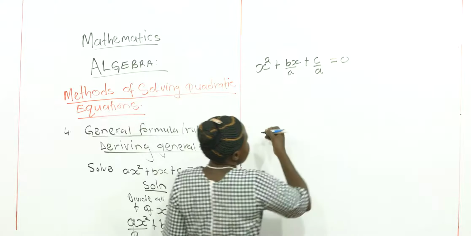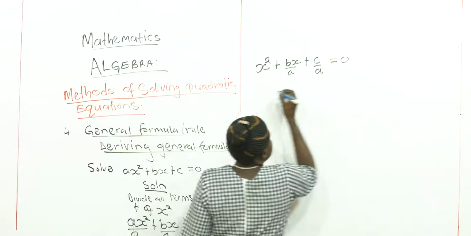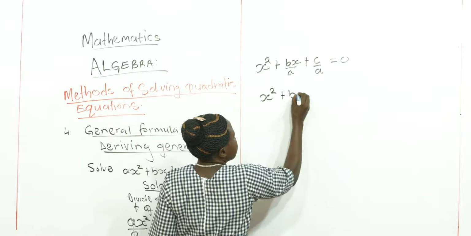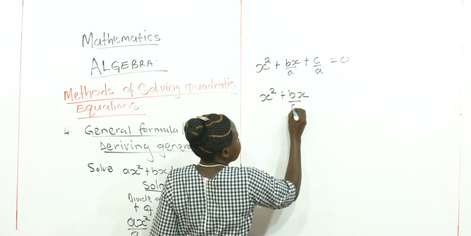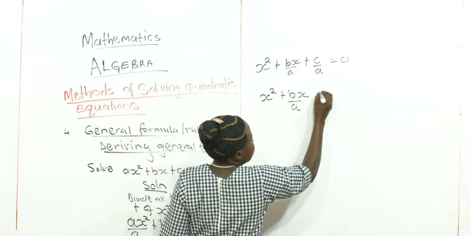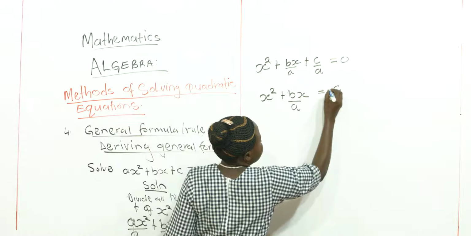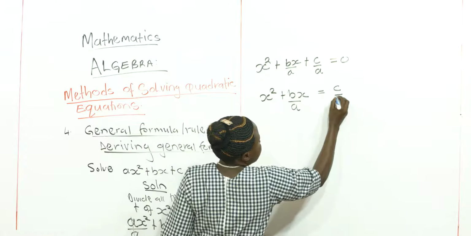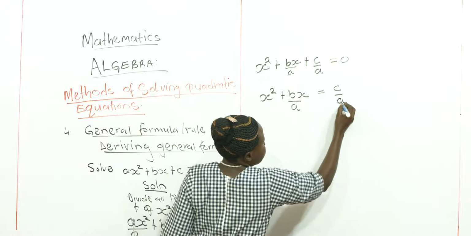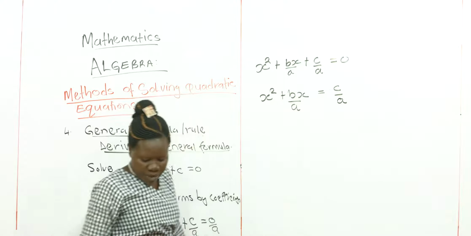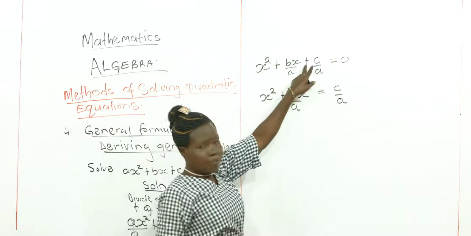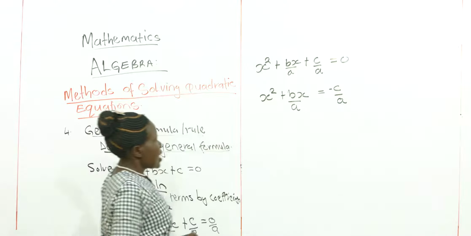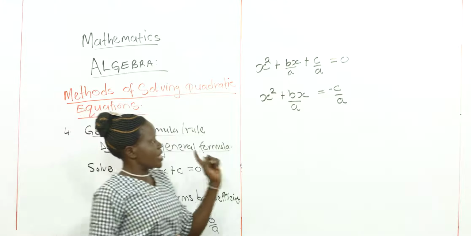That means we have x square plus b x out of a equals, the c out of a, since it is positive here, we shall have it as negative c out of a. Then you get a half of the coefficient of x.